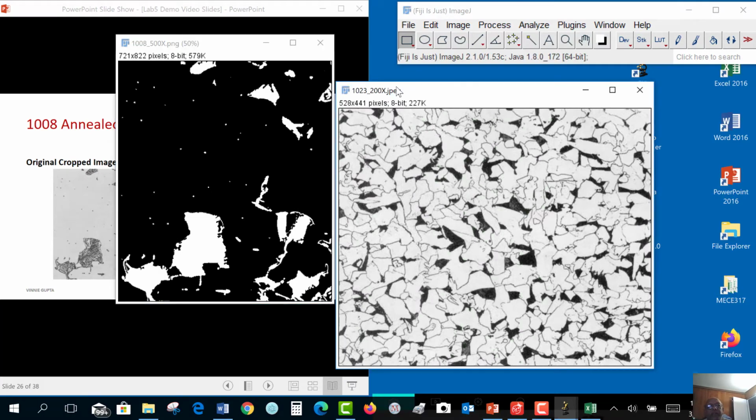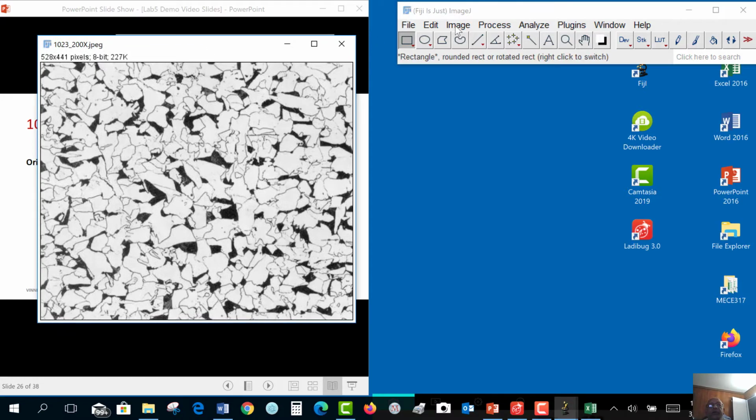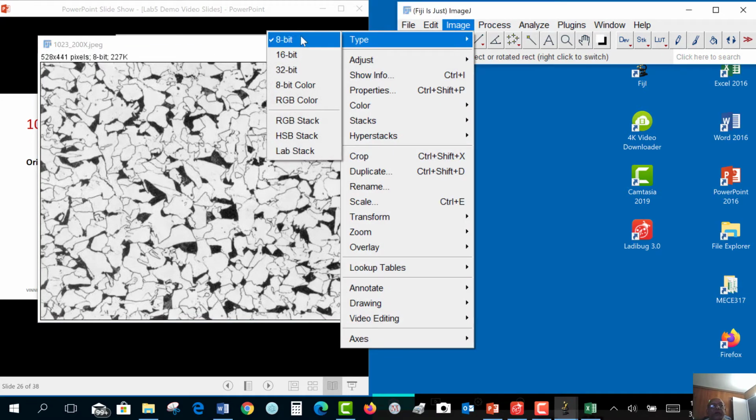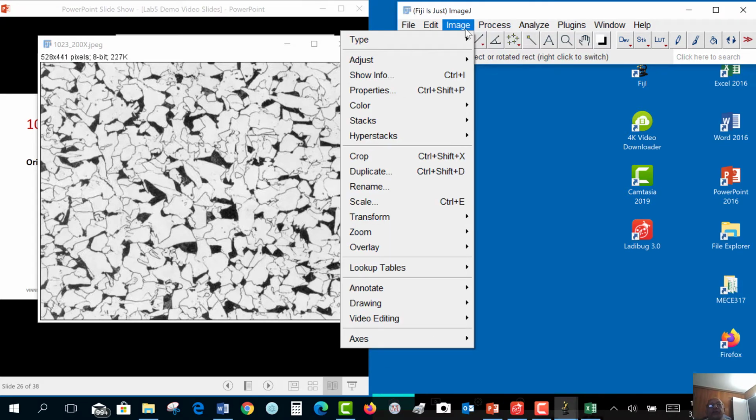Okay, so let's process this image. So we are going to do the same thing. First, convert it to 8-bit. It's already 8-bit. We don't need any cropping. So what we are going to do is threshold.